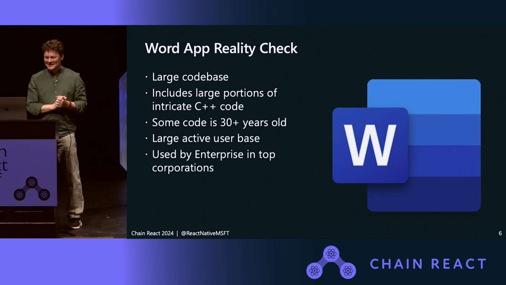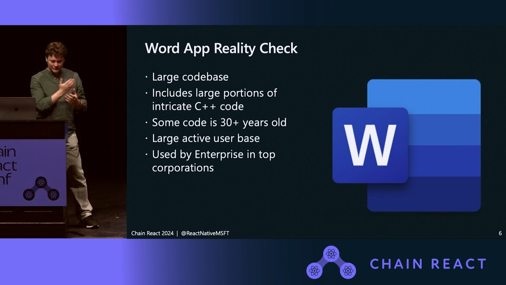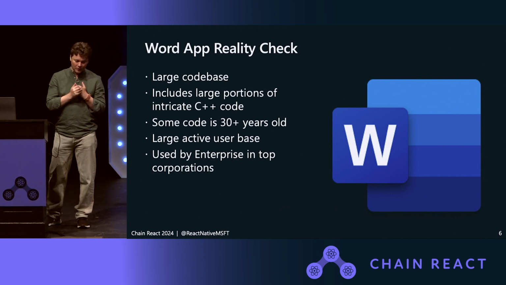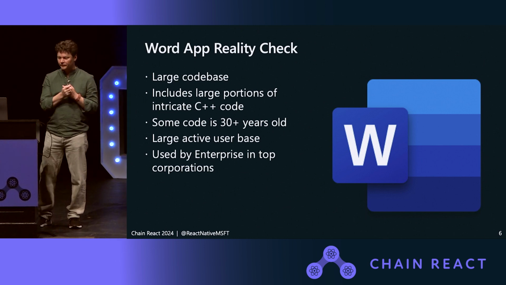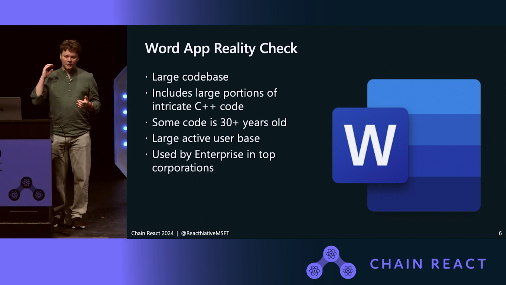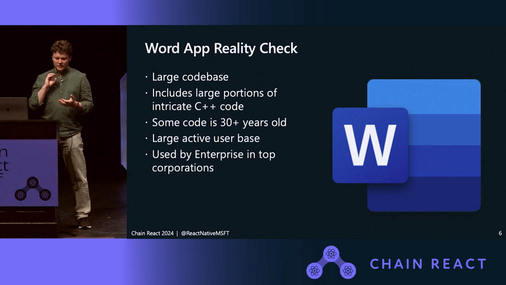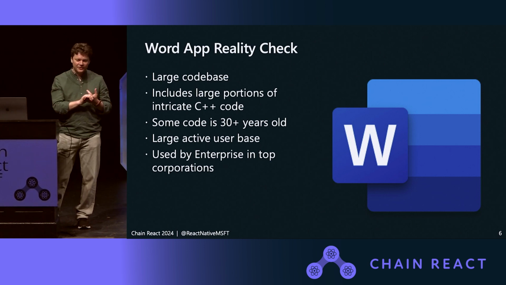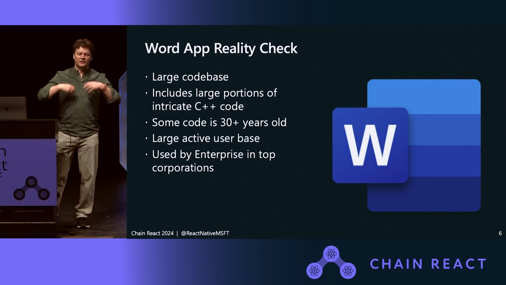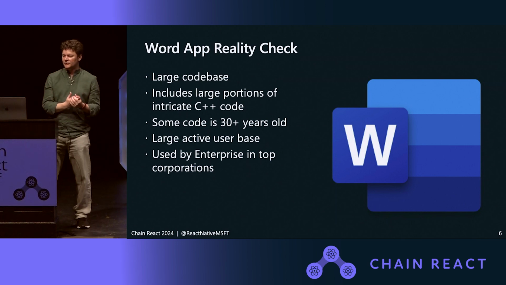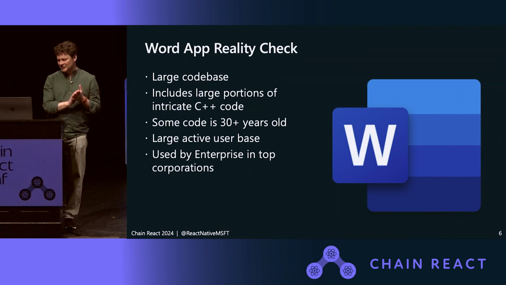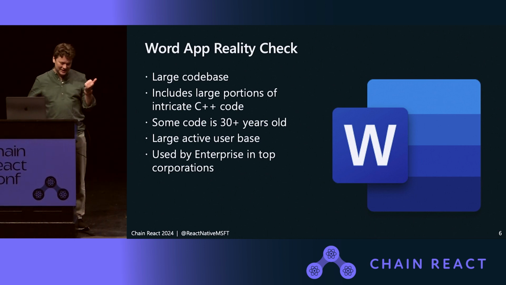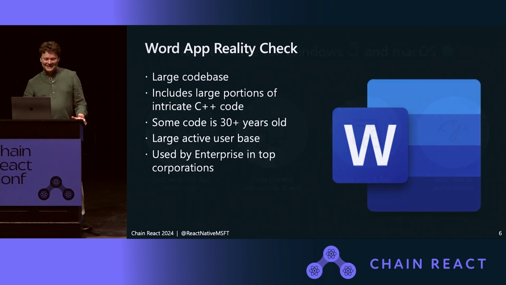And we have, of course, a large user base, both home users and enterprise users. What that means is that our feature needs to be created and rolled out in a safe manner. It cannot degrade the existing experience, so it has to be an add-on. It has to improve the user experience. It can't crash, it can't hang. So these are the requirements. And of course, the timeline for this feature is yesterday.